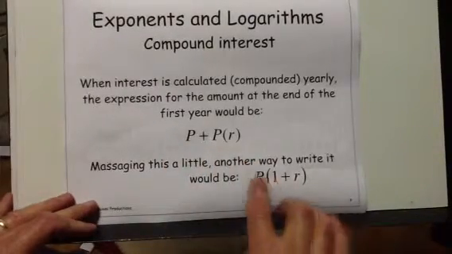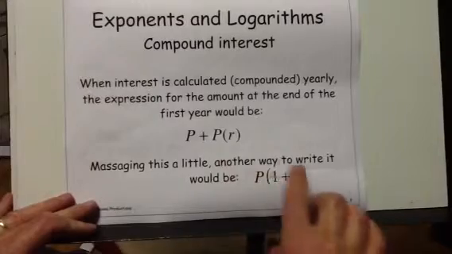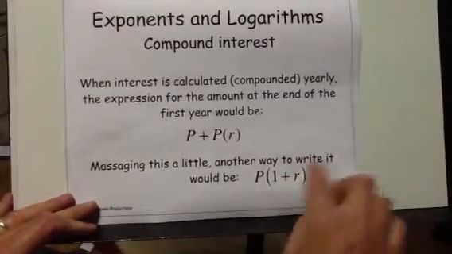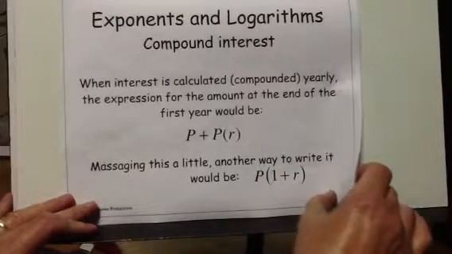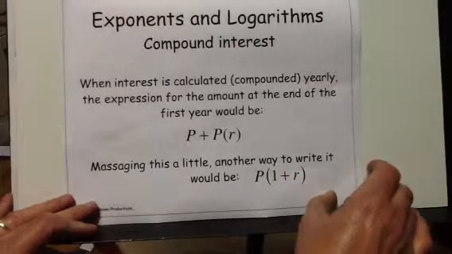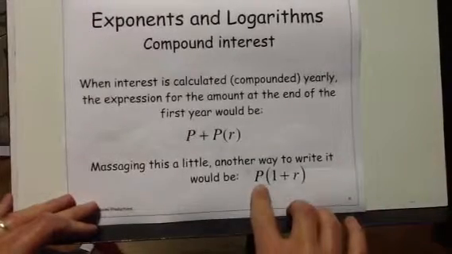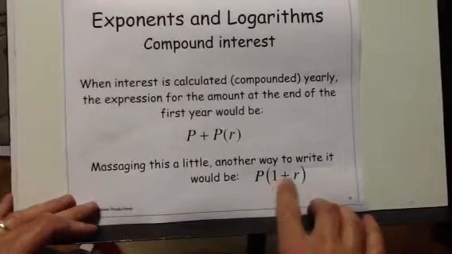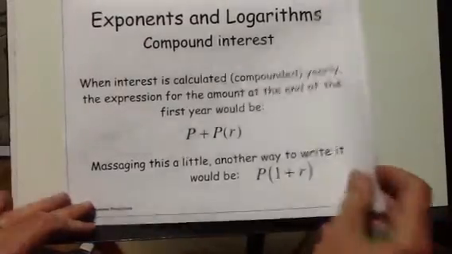So P times 1 would be P, and P times R would be PR. So that's one way to write another way to write how much money is left at the end of the first year. So P is your principal, 1 plus the interest rate.